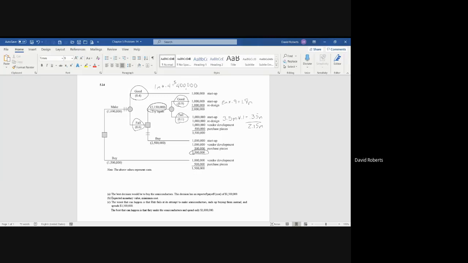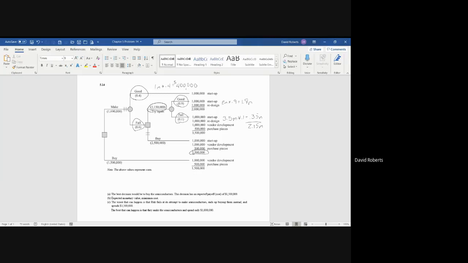So if you fail the first time, should you try again or should you buy? You have to pick one of the two. It's an alternative. Well, trying again is less expensive than buying it. Then you take the total in this particular case, and you add the two together.